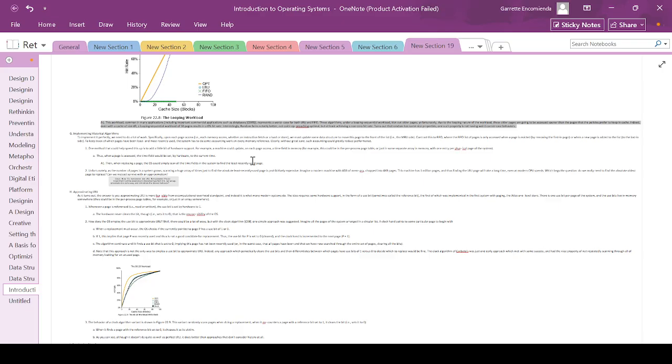However, for the algorithm, it's different. Kind of like a stack property of LRU. I forgot the name, but I mentioned that earlier.